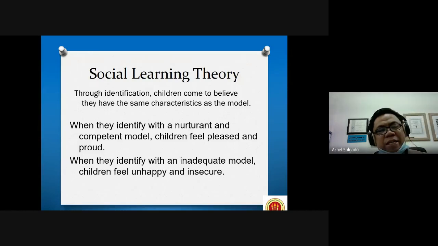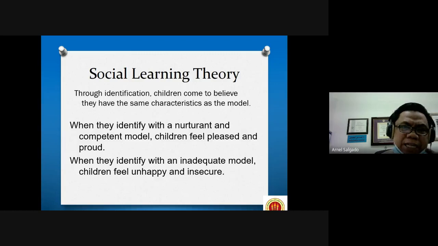They will not be very happy about it. By all means, how could you be very happy? So basically, they're not going to pick you up as a role model, because in social psychology, you imitate only what is good and you discard what is bad. That's the rule. All right, moving forward.